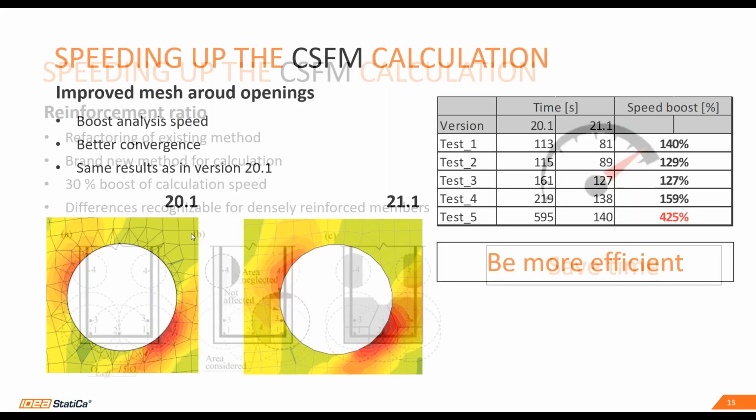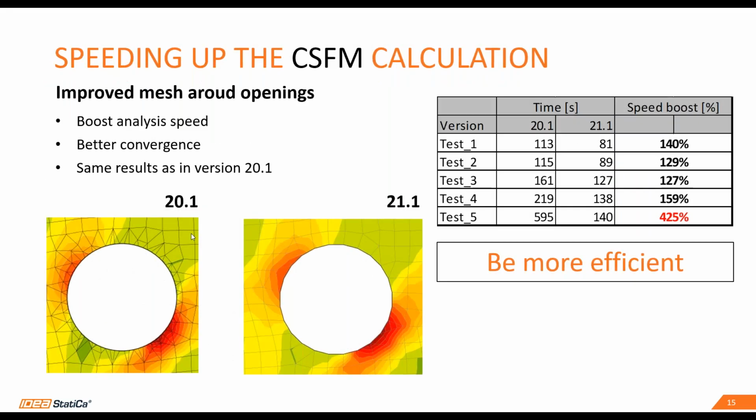The other improvement is also connected with the speed of the calculation. In the previous versions, the circular openings were locally remeshed with triangle elements, and it led to longer meshing and calculation. It was version 20.1. You can see there is local remeshing around the opening.